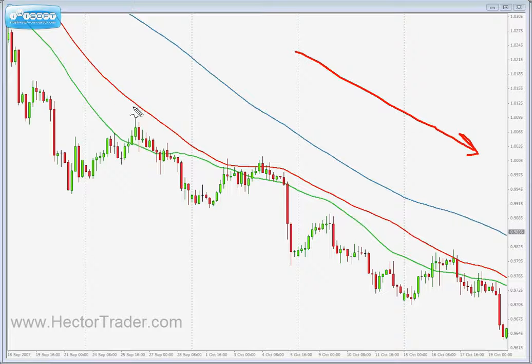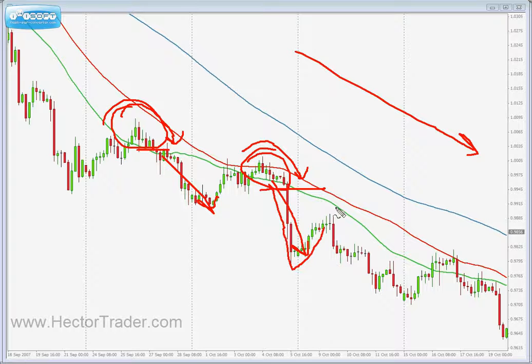If you wait for price to pull back to the dynamic area of resistance, and then you trade as the turnaround begins to take place, and then you write it down. For example, here we got a pullback, but we didn't reach the dynamic area of resistance, did we? Then this would have been a good entry.